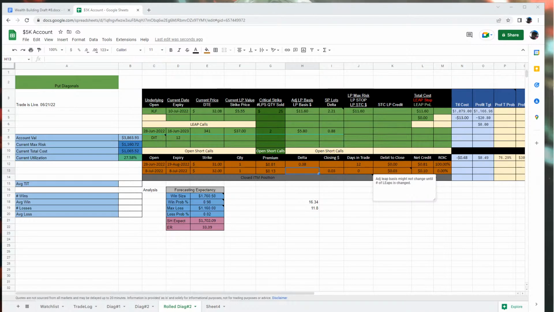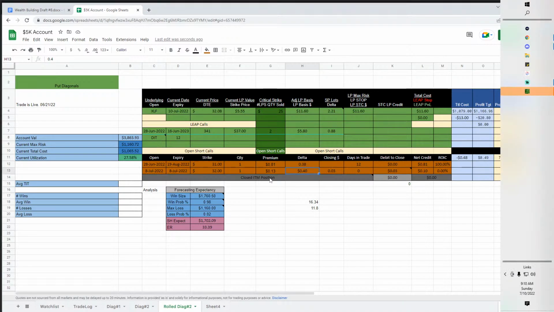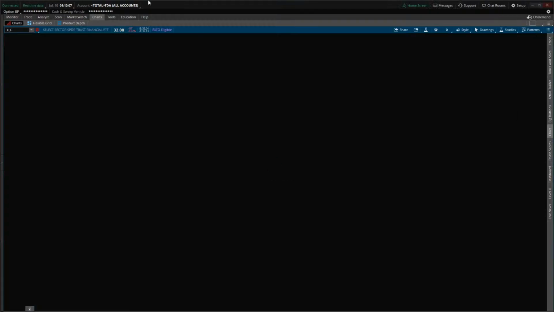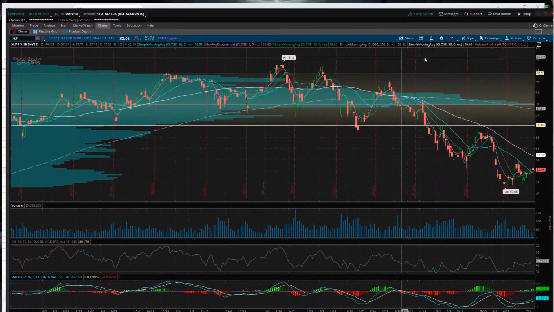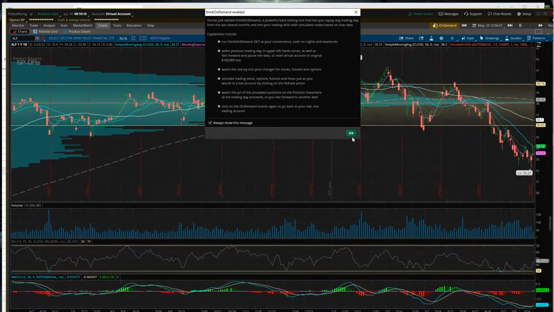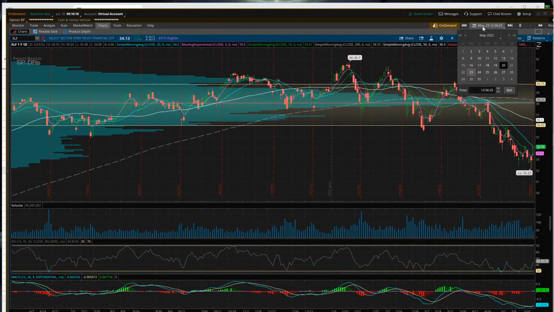Like I said, that's a rough estimate, but just for the sake of keeping us moving, we're going to pump it up to a 0.4 and then come back to that here in a little bit when I can get some more data on that, or actually look it up. We'll go on demand. Thank you. And let's see if it'll let us jump in. Oh, it will. Let's go.